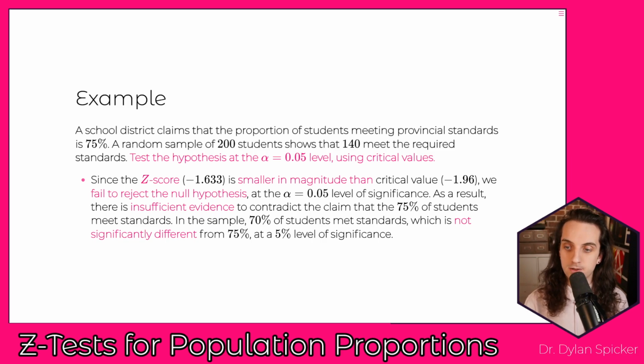Since our z-score is smaller in magnitude than the critical value, we fail to reject the null hypothesis at the alpha equals 0.05 level of significance. As a result, there is insufficient evidence to contradict the claim that 75% of students meet standards. In the sample, 70% of students met standards, which is not significantly different from 75% at our 5% level of significance.